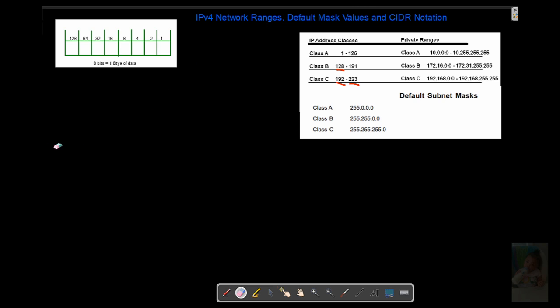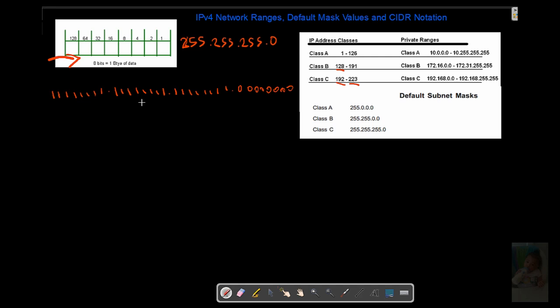Subnet masks have to create that division based on where the ones are and where the zeros are. So subnet masks have to build this way, left to right. If we look at our default mask of 255.255.255.0, that is eight ones, eight ones, eight ones, then zeros.